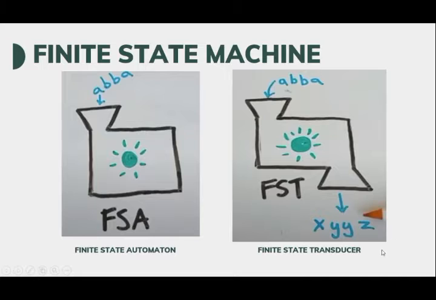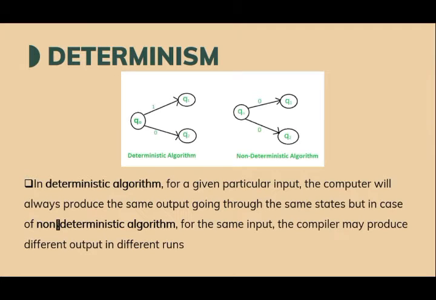So a state machine can be either deterministic or non-deterministic. In a deterministic algorithm, for a given particular input, the computer will always produce the same output, going through the same states.